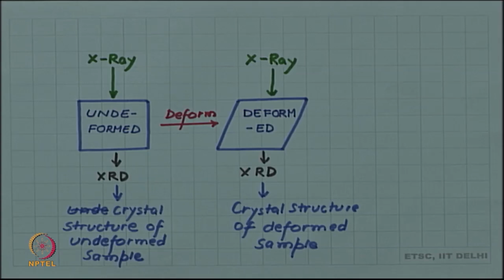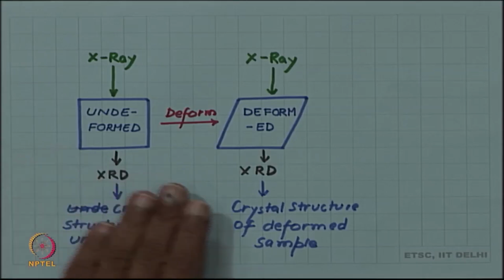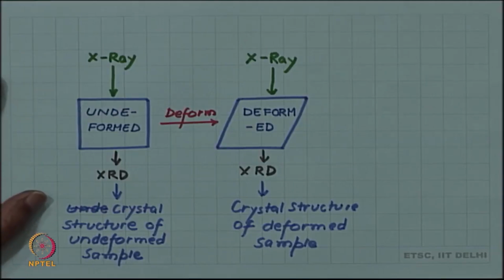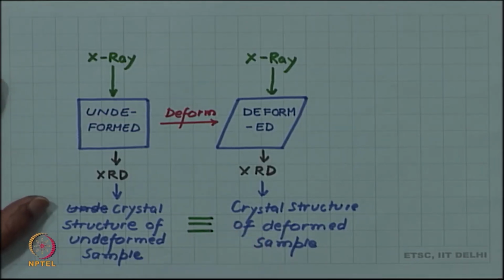When this experiment was done to check what kind of crystal structural change a material undergoes when it is being deformed, and these two X-ray diffraction patterns were analyzed, to our surprise it was found that the two give the same crystal structure. The two crystal structures are identical. So, this is a very important information about the deformation process, that crystal structure does not change during deformation.